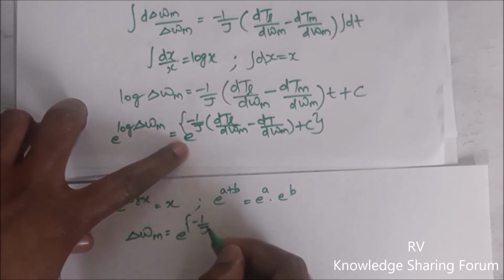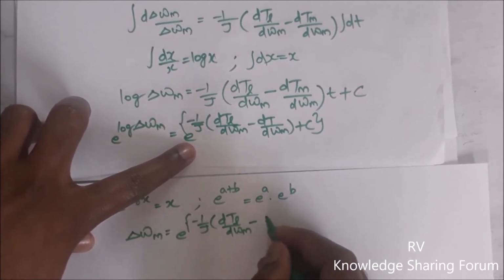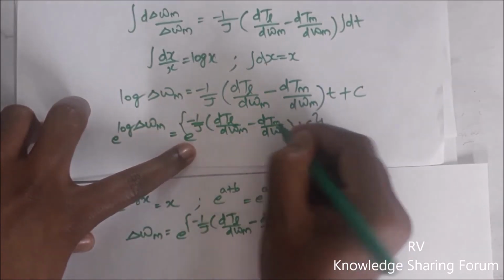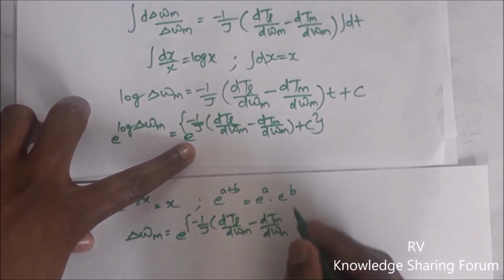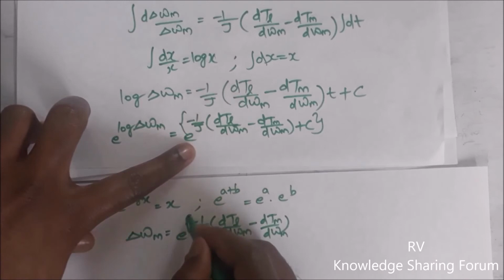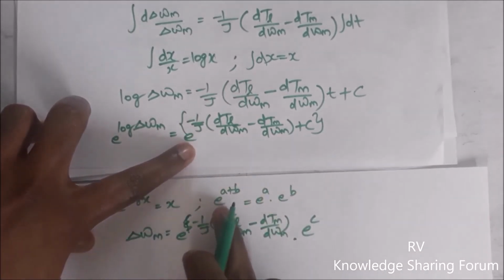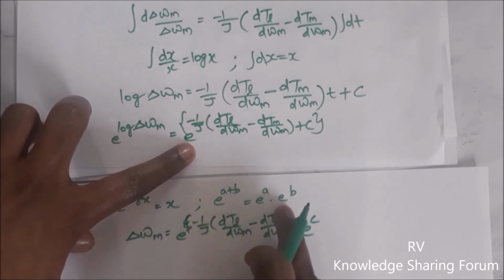minus 1 by J (dTL by d omega m minus dTm by d omega m) t, into e to the power of c, because we are using this formula. In exponential you have e to the power of a plus b is equal to e to the power of a into e to the power of b.